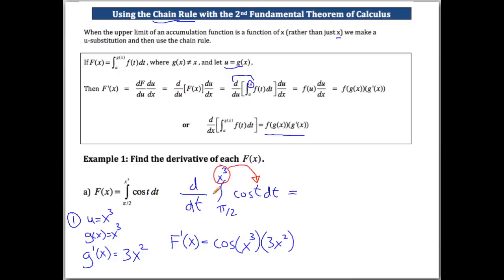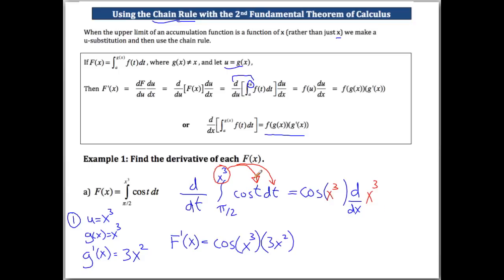Because we know the derivative gets rid of the integral, but we do have to plug the x cubed in. So we're going to plug in the x cubed here for t, and then the x cubed here for t as well. So what this gives me is the cosine of x cubed times the derivative with respect to x of x cubed.